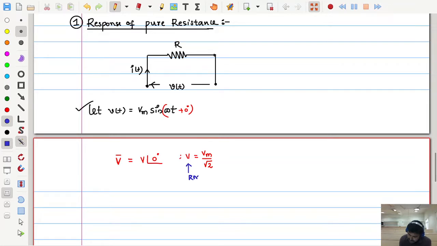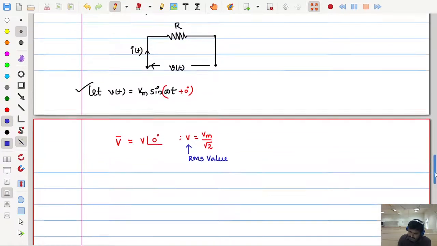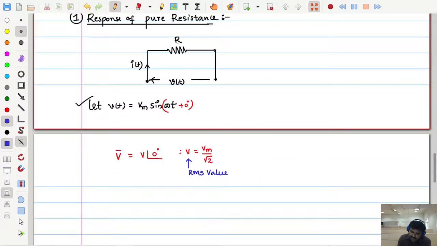I told you that you can express this in Vm or in RMS value. If it is an RMS value, we specifically call this a phasor. If it is a peak value, we call it a vector. Okay. Right. So now I have voltage and I have resistance.